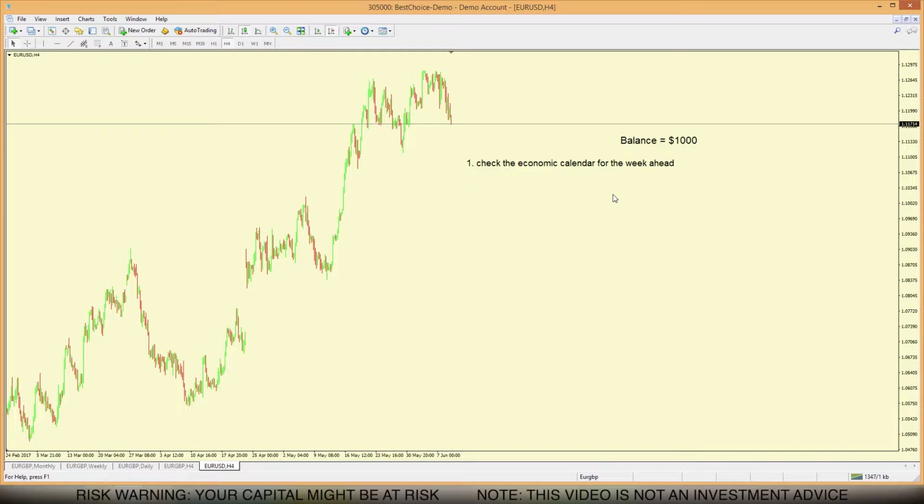If you check the economic calendar for the week ahead, you will see the important events for the week ahead. For example, if you have the non-farm payrolls at the end of the week, on Friday, as it comes at the end of the first week, then you will want to avoid trading the US dollar, for example, because the market most likely will range.